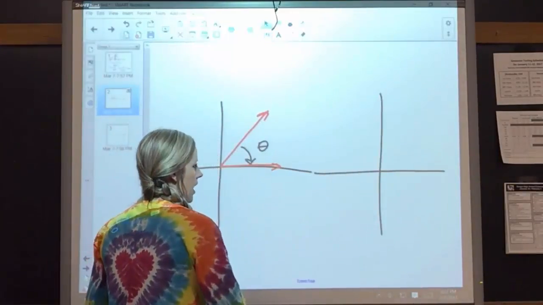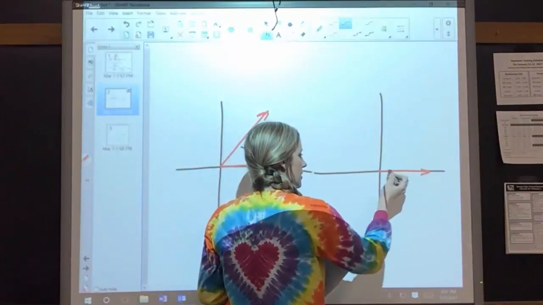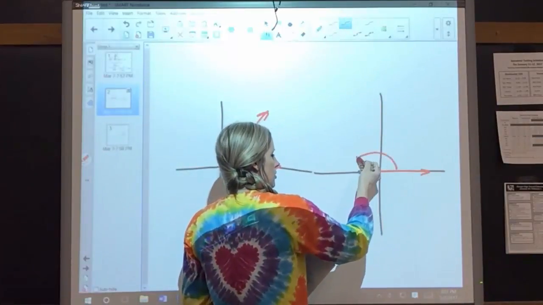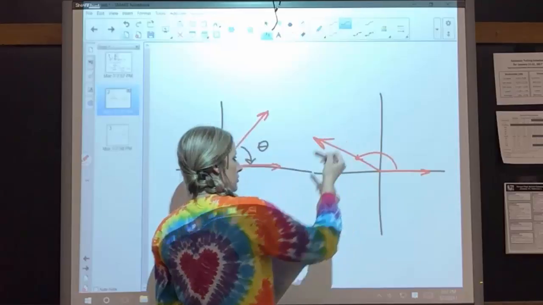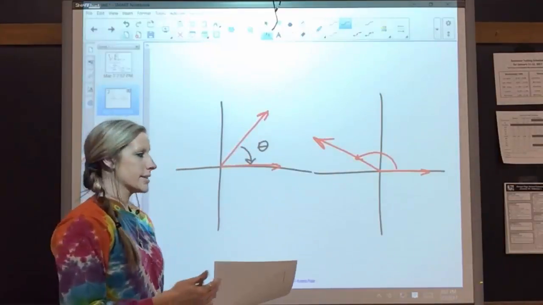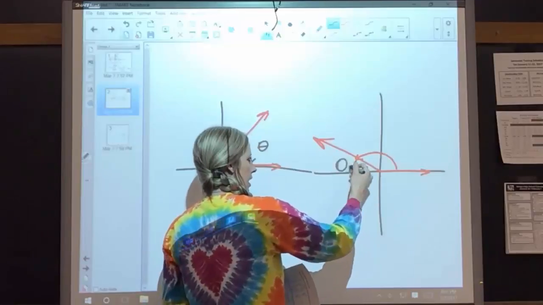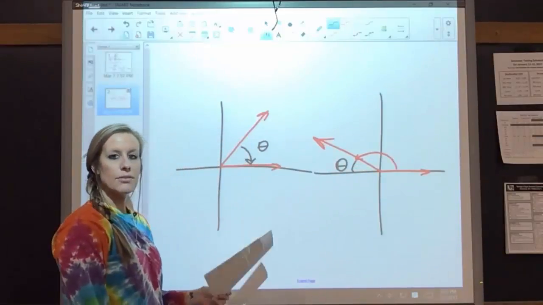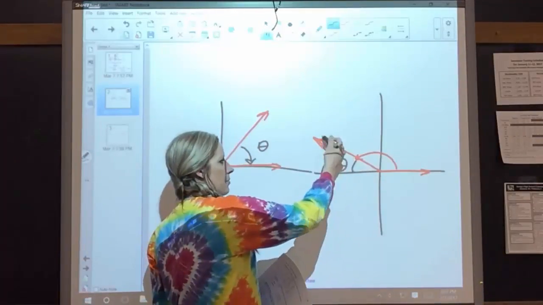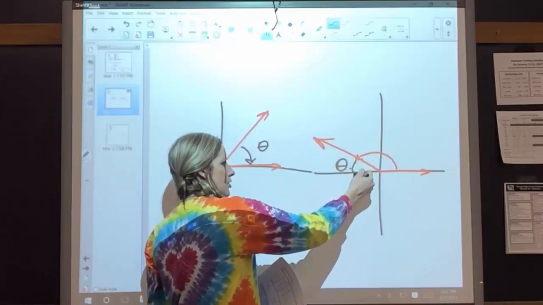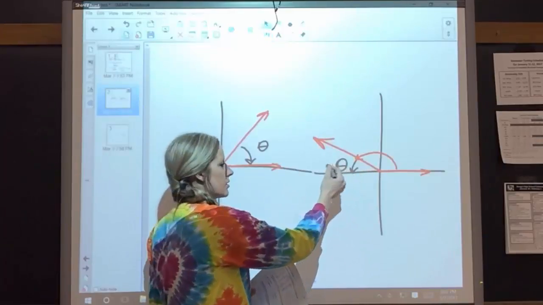If we're looking at an angle that ends up in quadrant 2, the closest x-axis for this one would be this negative x-axis. So your reference angle would be from this terminal side to the x-axis.